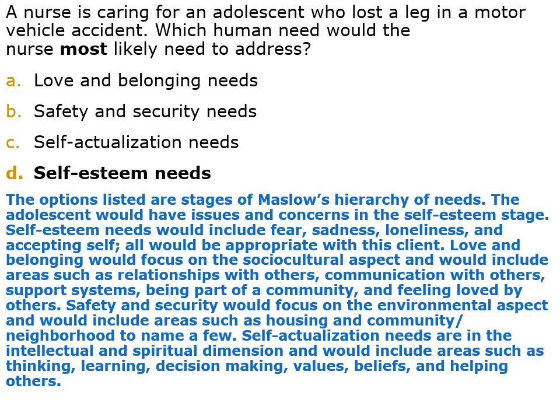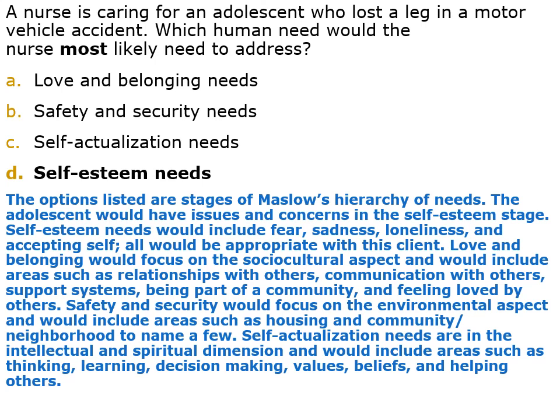Esteem needs, you are correct. The adolescent would have issues and concerns in the self-esteem area. Self-esteem needs would include fear, sadness, loneliness, and accepting self. Love and belonging would focus on the socio-cultural aspect and include relationships with others, communication with others, support systems, being part of the community, and feeling loved by others.